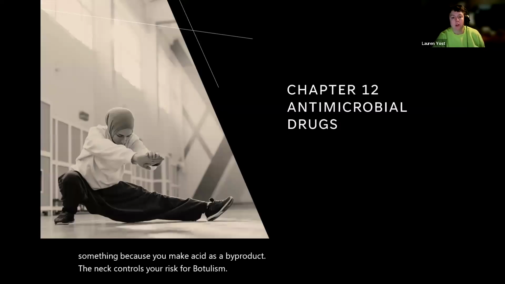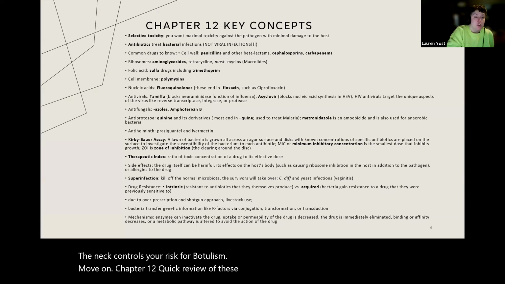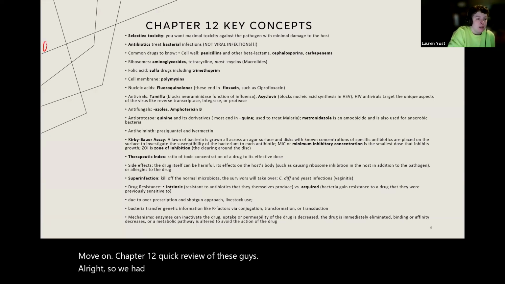I'm moving on. Chapter 12, quick review of these guys. All right, so we had our antibiotics. Antibiotics are only going to be used for bacteria. Our antibiotics fell into the following categories.